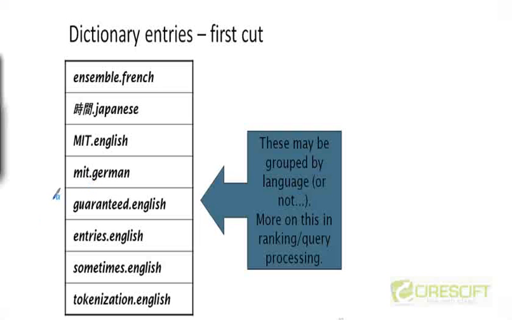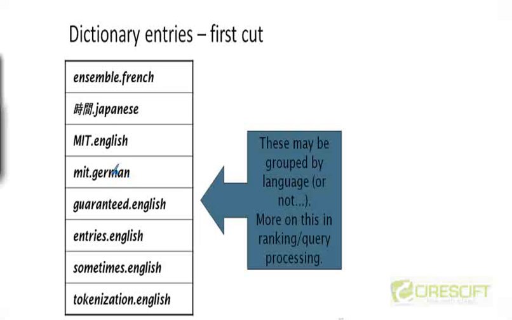So in that case, your index will have a dictionary composed of words from multiple languages. Now, one way you can store words from multiple languages in your dictionary is by appending the name of the language with every term in the dictionary. So for example, this particular term gets appended with .Japanese. MIT gets appended with .English, and MIT here gets appended with .German.